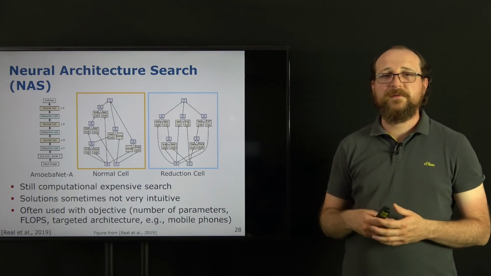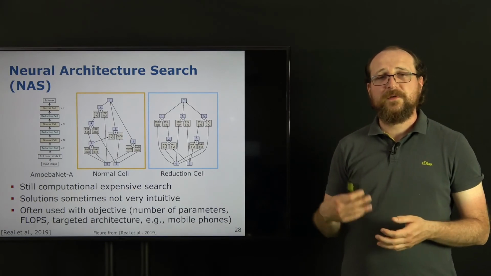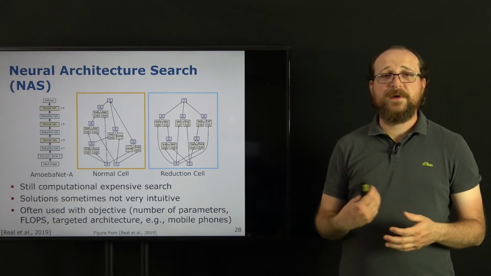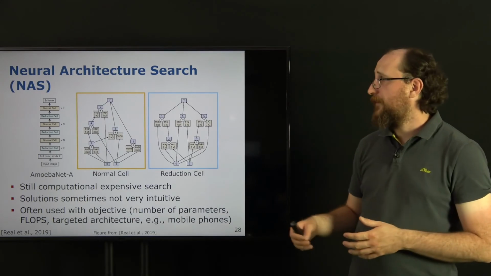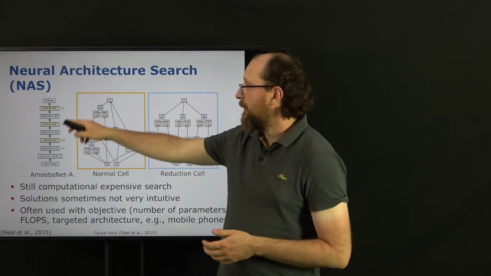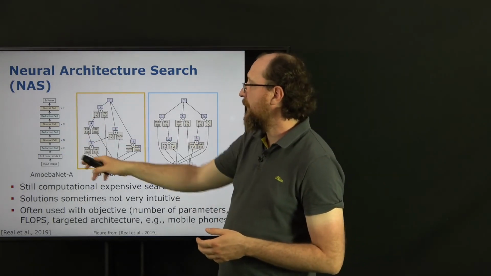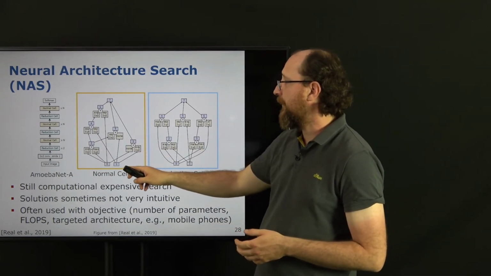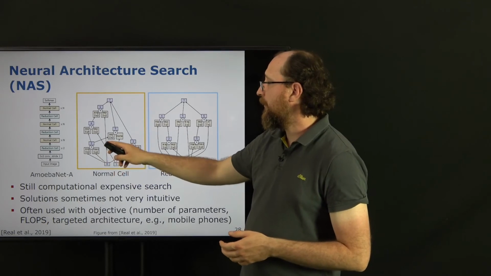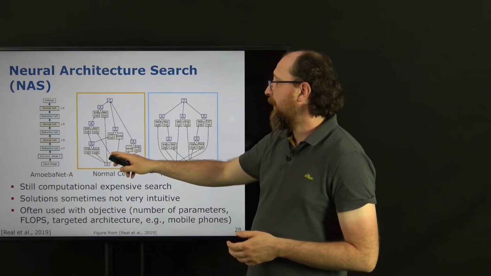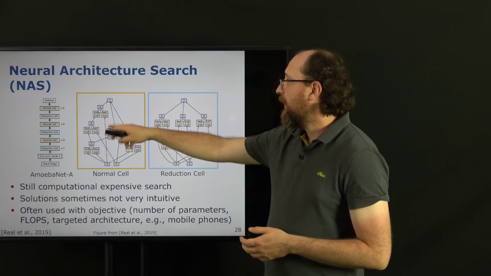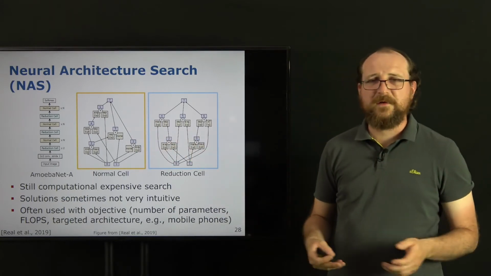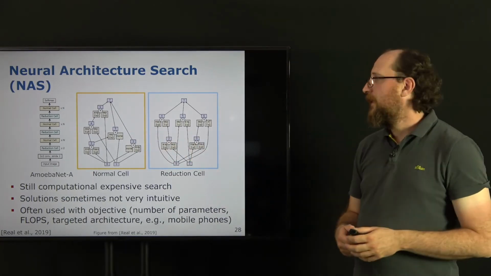For instance, this MobileNet, which was basically generated by a neural architecture search, has a linear structure with reduction cells and normal cells. This is the normal cell, which looks like this. We have some separable convolutions, but also some average pooling and max pooling in between. And this structure looks quite complicated in the end.